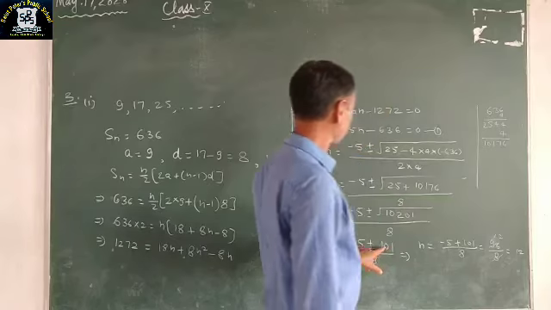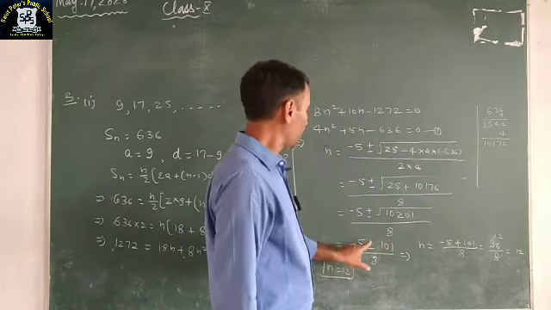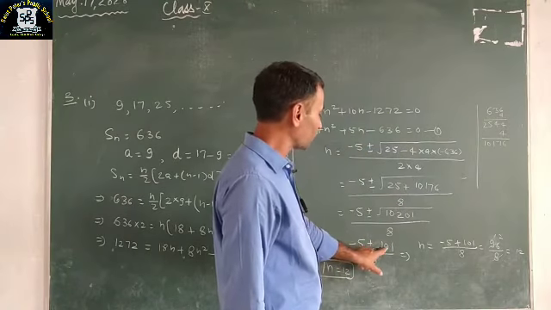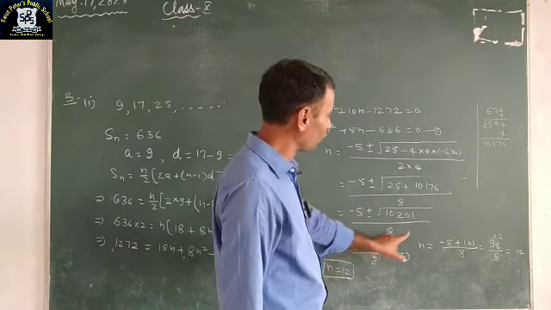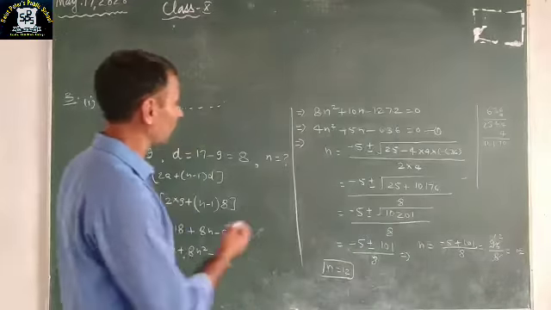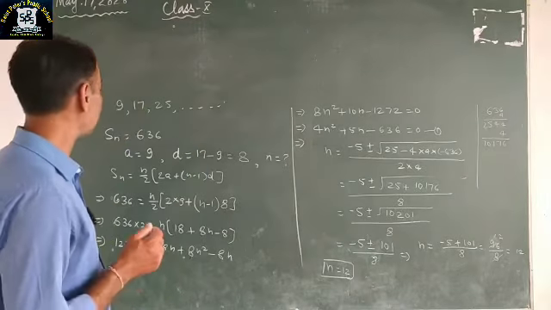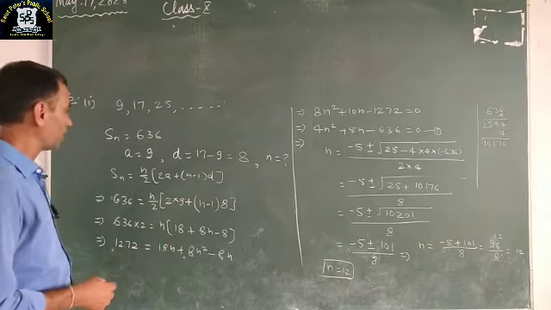Instead of plus 101, if I use minus 101, then I will get the value of n as negative, and the value of n should be positive because n represents the number of terms in the series. So the value of n is 12.